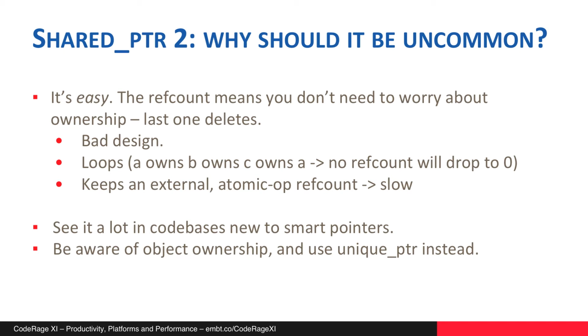And it is better in that case to be aware of object ownership, to be aware of the responsibility for where a resource or a pointer should be deleted. And if you're aware of that, if you can track that in your code, then you should use unique pointer instead in almost all situations.